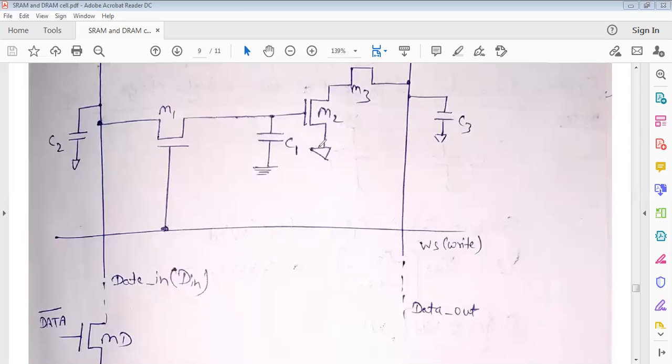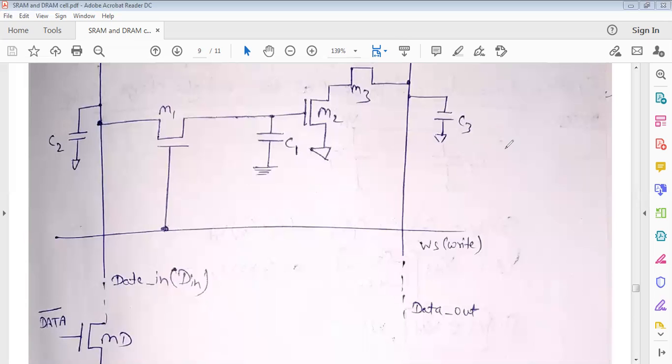Followed by the write operation, there will be a pre-charge stage also, because I have already told you that every read and write operation is preceded by the pre-charge operation. So after the writing there will be a pre-charge operation. At the pre-charge operation, these C2 and C3 are again at logic high.